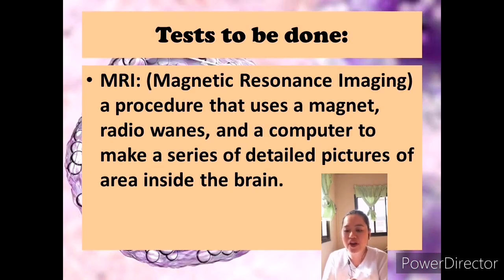Another test is the MRI, which stands for magnetic resonance imaging, a procedure that uses a magnet, radio waves, and a computer to make a series of detailed pictures of areas inside the brain.